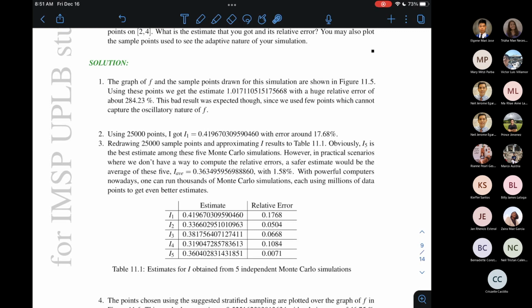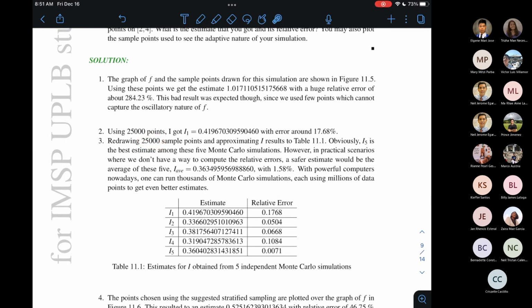So that's what was done in number 3, wherein I still used 25,000 sample points, pero inulit ko ng 5 beses yung Monte Carlo simulation. So in our first set of draws, nag-draw tayo ng 25,000 sample points. Nakuha ko si I1, yung 17.68% na relative error. Tapos, ginawa ko, okay, hindi ako kontento dyan, right?